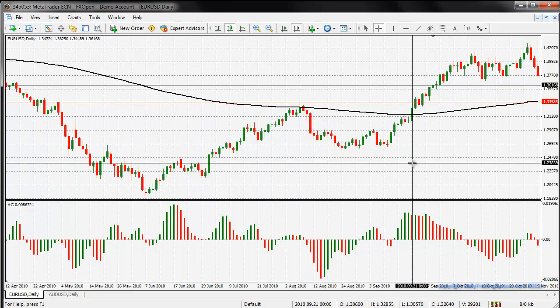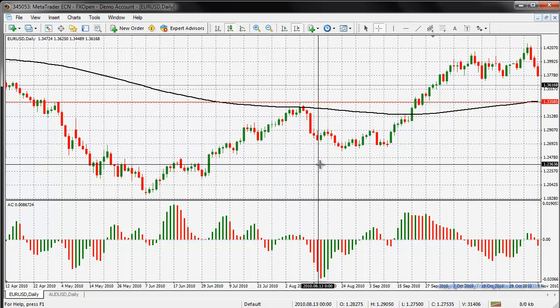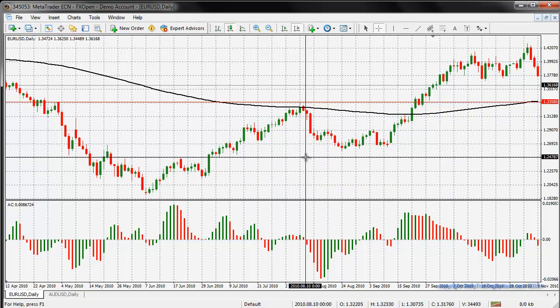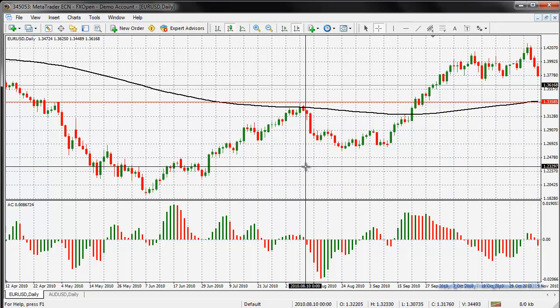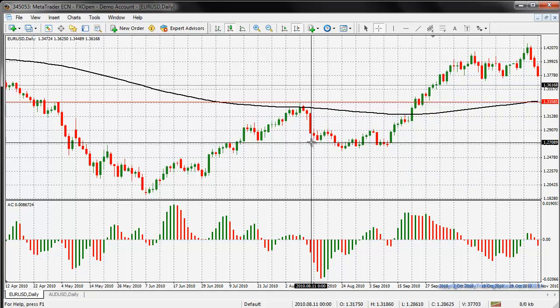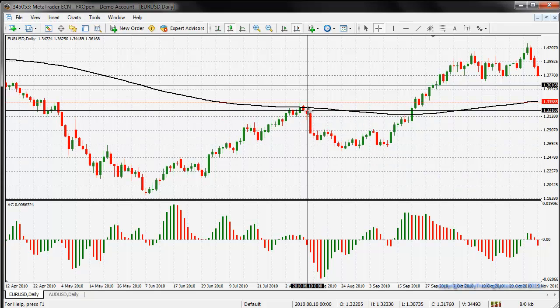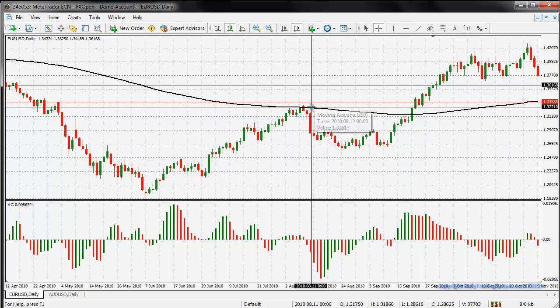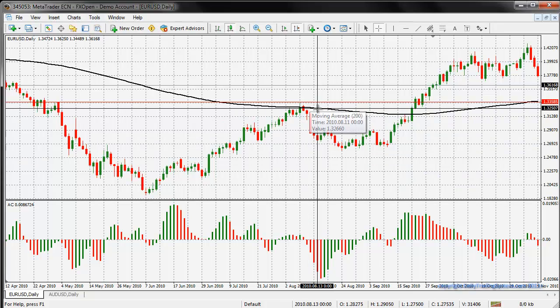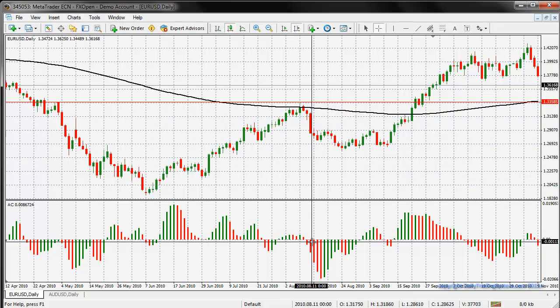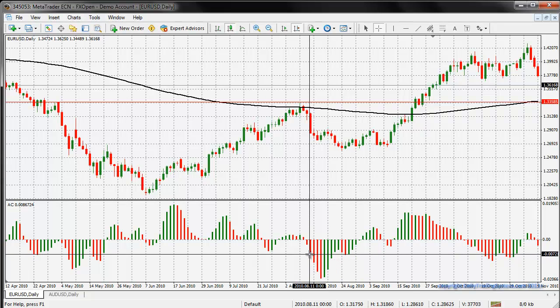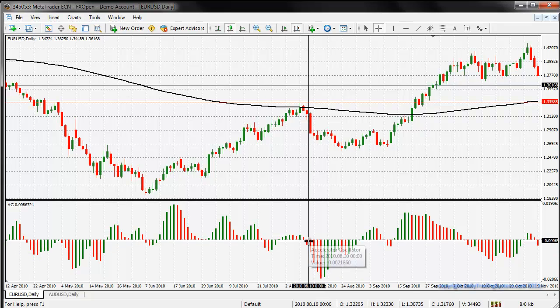Now I'm not going to completely dismiss those 4 elements because I haven't really had a concrete analysis yet, so I'm going to try and store this in my mind and then process it a little bit later. But okay, here we got one here, it closes below and also opens below the 200 exponential moving average, and it also lines up with a red bar of the Accelerator oscillator as well, and it's below the 0 line. Alright, so that's good.